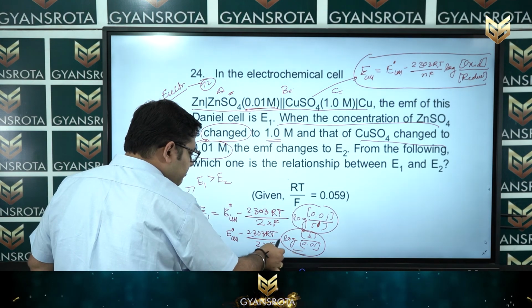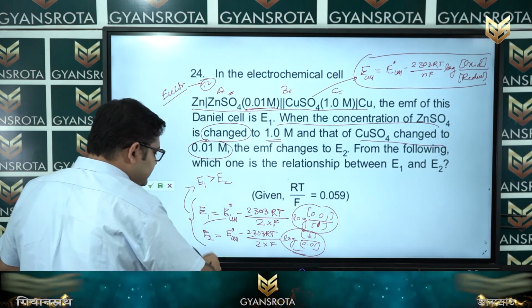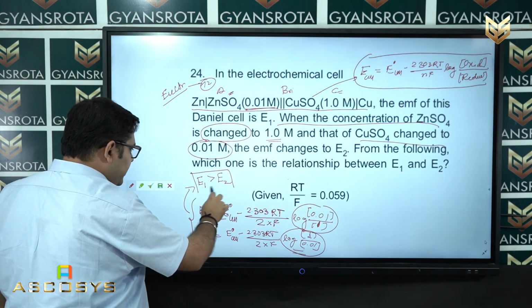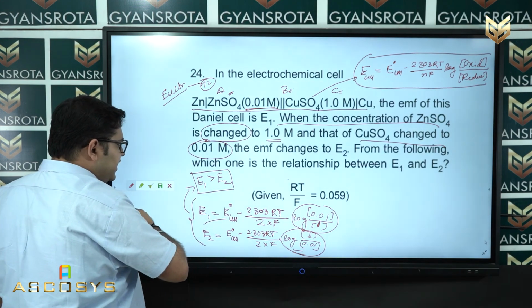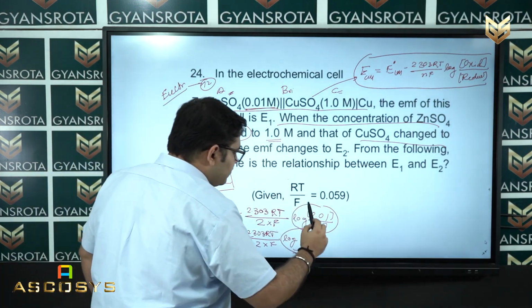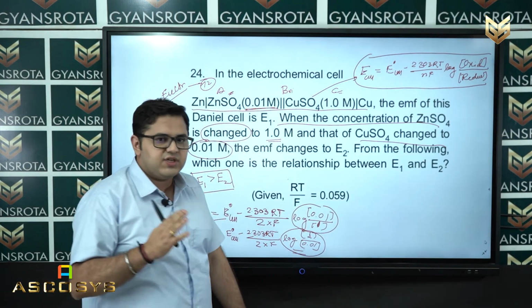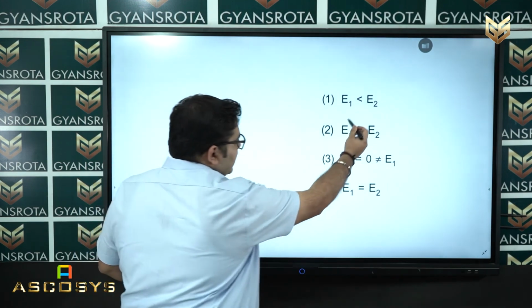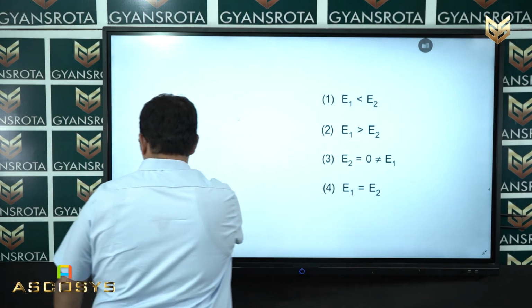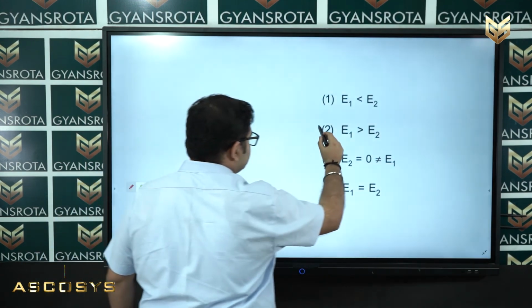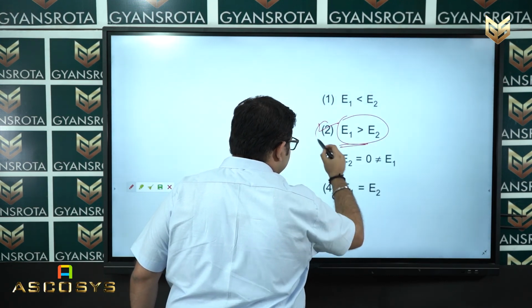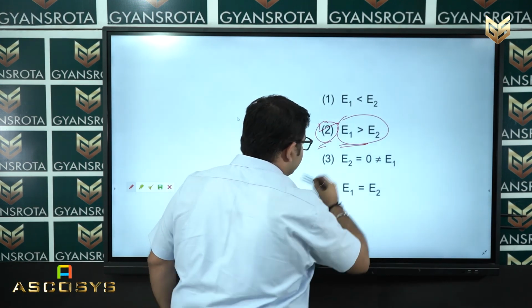So, when it is multiplied, automatically this E2 value gets lowered. So, what we obtain is that E1 is greater than E2. Now we move on to the options they have given to you. If you see option number 2, where E1 is greater than E2, this is the correct answer of this question.